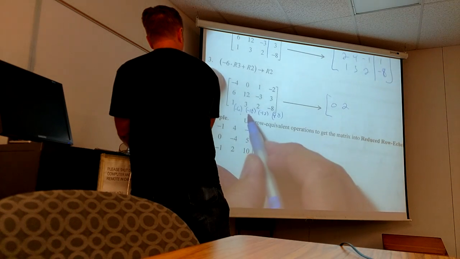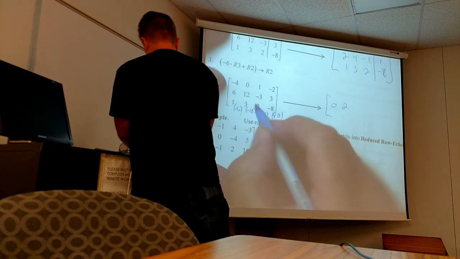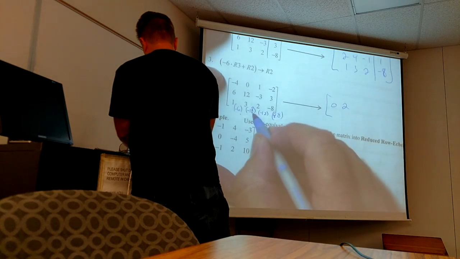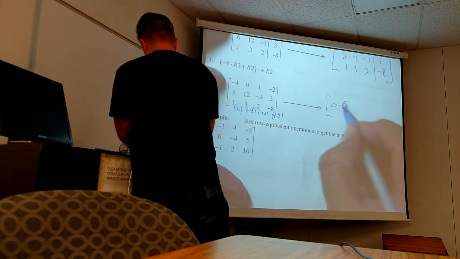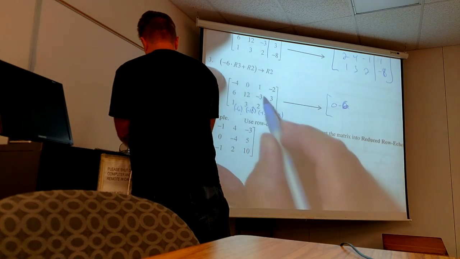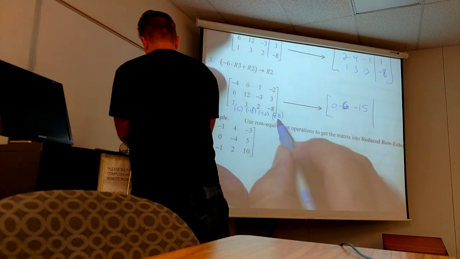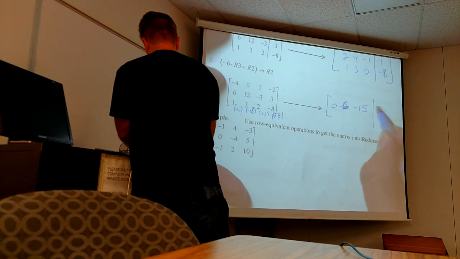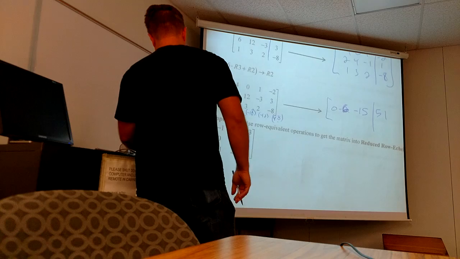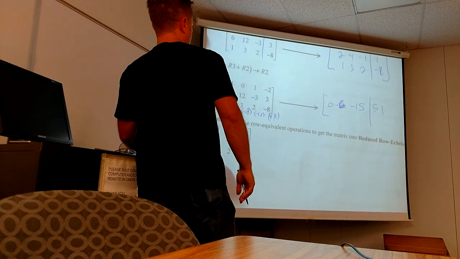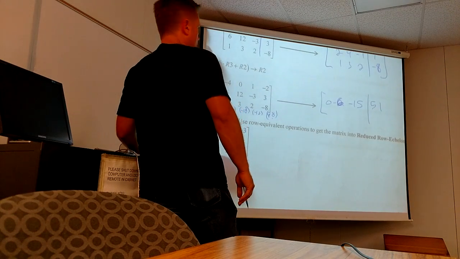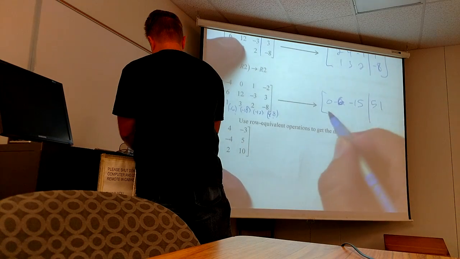Are you guys with me? -18 and 12 is -6. -12 minus 3 is -15. 48 plus 3 is 51. And then you take the original, and the other ones all just stay the same.